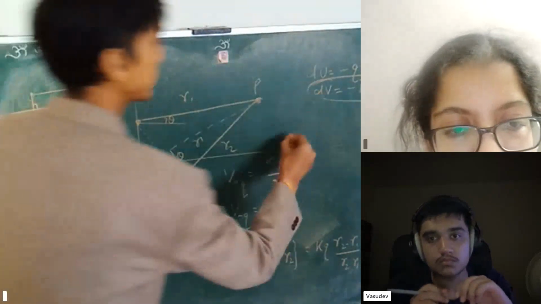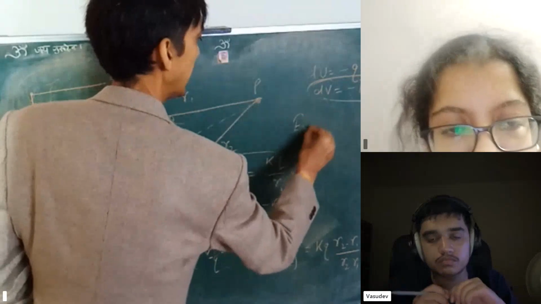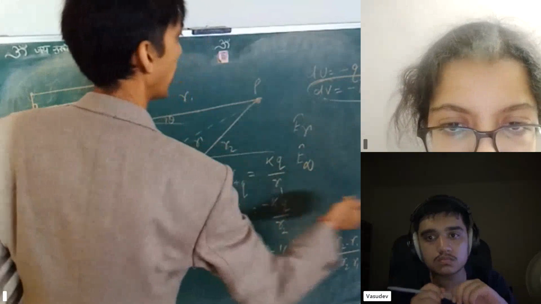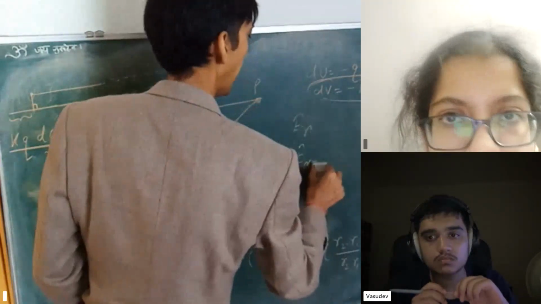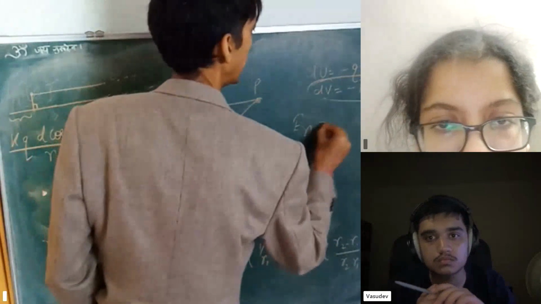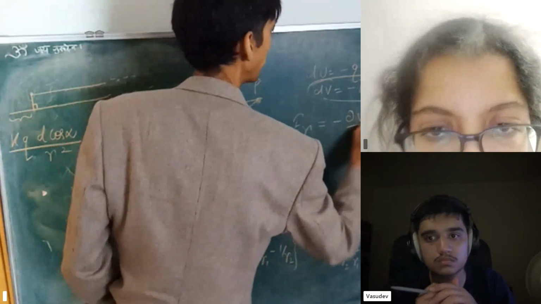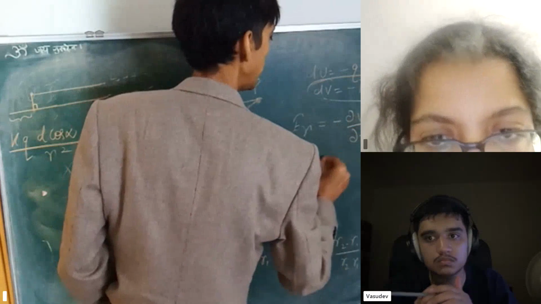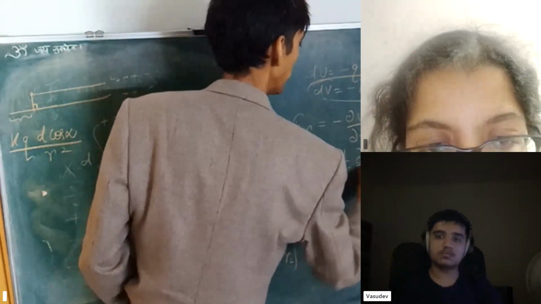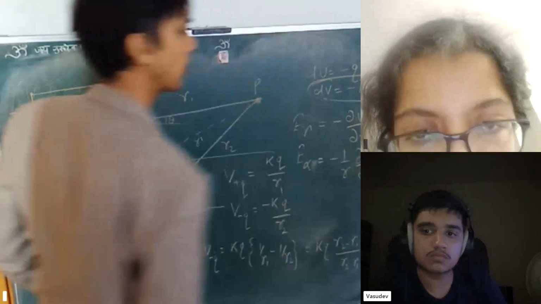And going by our understanding, we will get ER and we will get E alpha. ER will be simply minus the partial derivative of V with respect to R, but E alpha will be minus of 1 by R, partial derivative of V with respect to alpha. Ask yourself why.